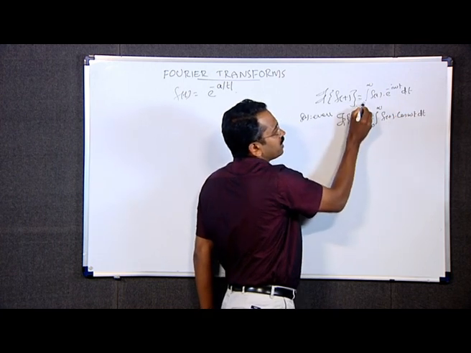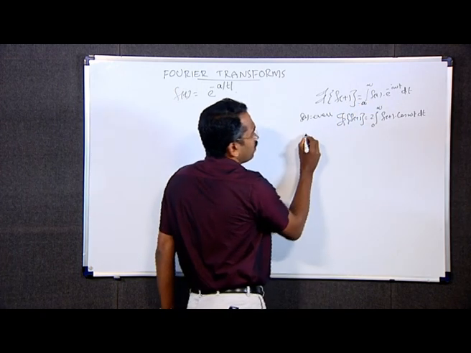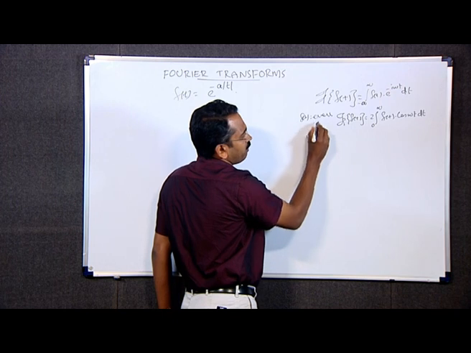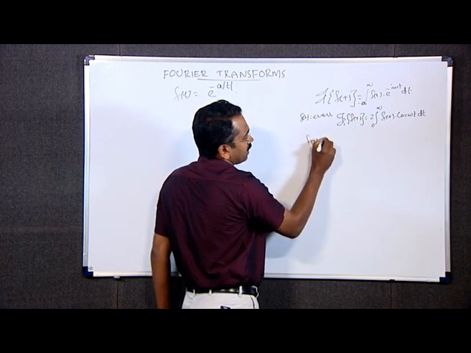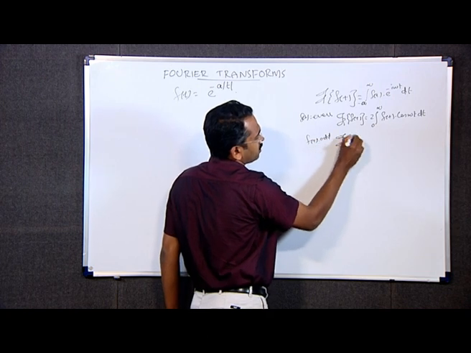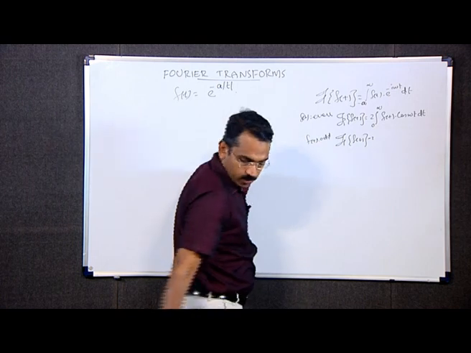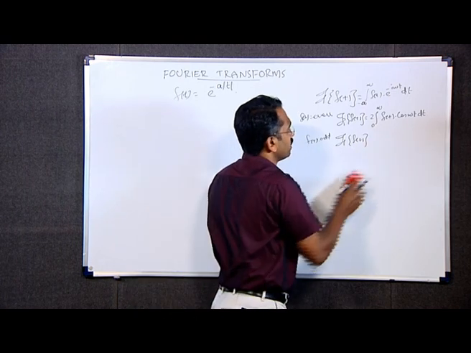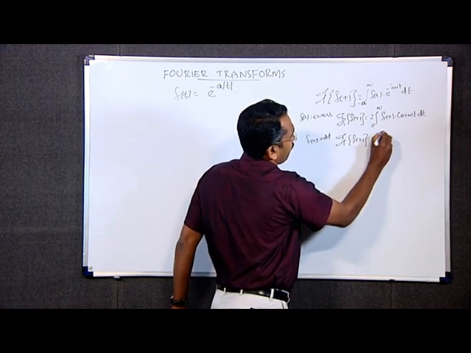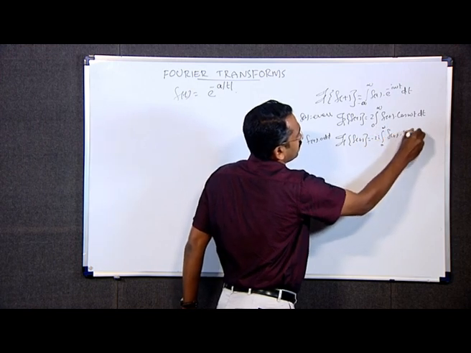Here the limit of integration is minus infinity to plus infinity. If f of t is an odd function, then the Fourier transform is minus 2i into the integral from 0 to infinity of f of t into sin omega t dt.